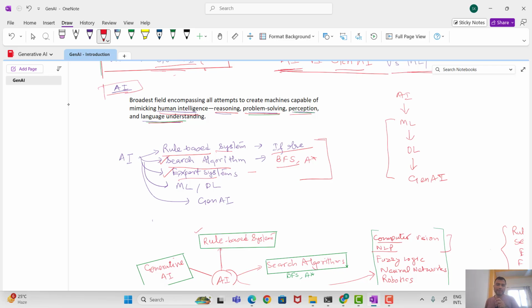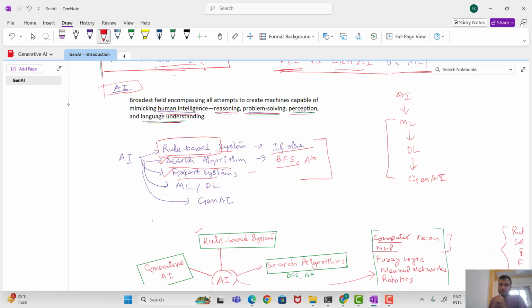But before machine learning, there were different approaches to achieve AI. One of the earlier approaches was the rule-based approach. Using rule-based, you can create a system based on if, then, else type of conditions. So you put the condition, and on the basis of the conditions, it's going to solve the problem. Okay.